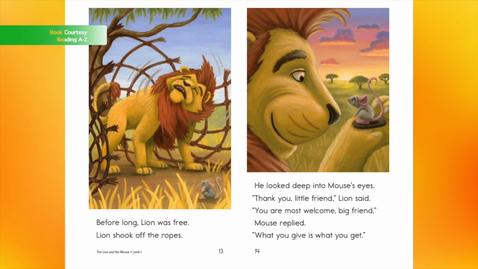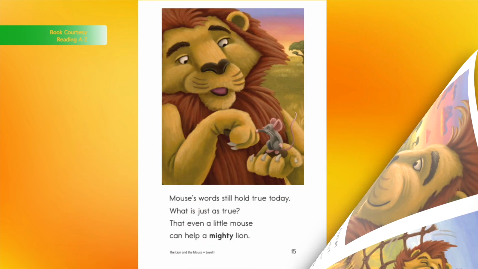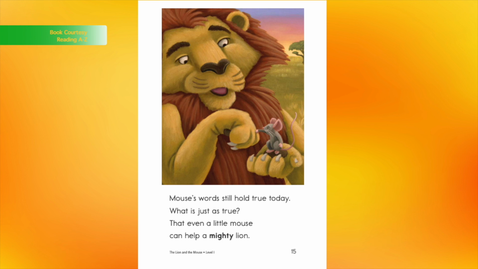You are most welcome, big friend, Mouse replied. What you give is what you get. Mouse's words still hold true today. What is just as true? That even a little mouse can help a mighty lion.